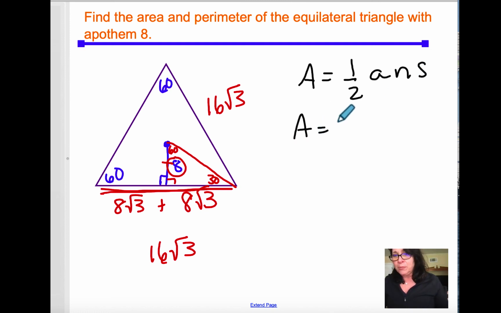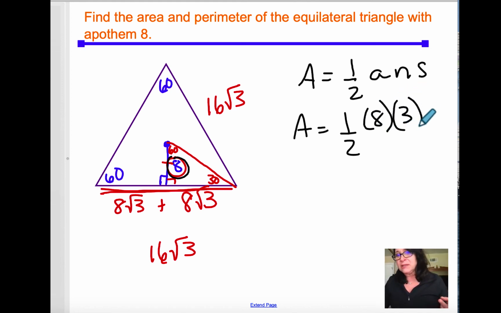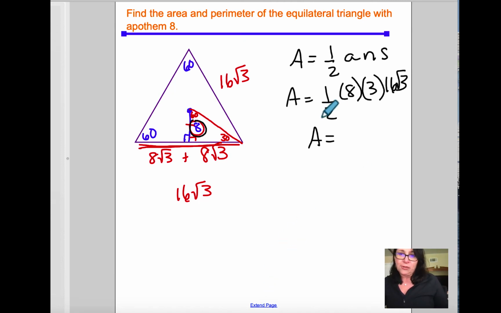So the area would be 1/2 my apothem, which is 8, times the number of sides, 3, times the length of one side, 16 root 3. 2 goes into 8 4 times. 4 times 3 is 12. 12 times 16 is 192 root 3, and this is units squared.